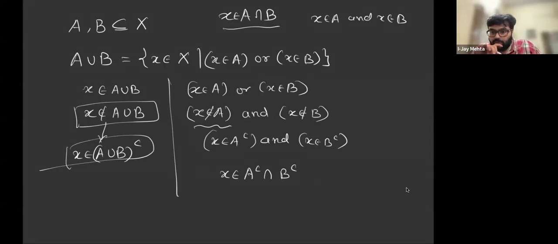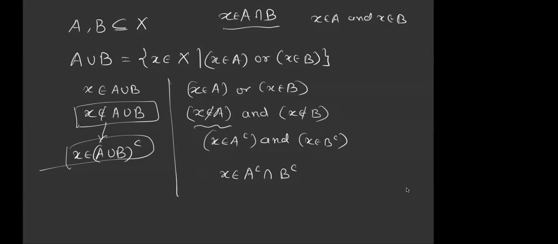Okay, so what did we prove? Where did we start and what did we prove? Can you say? Where did we start? Room number 4, Tanya. We can say that A union B complement is a subset of A complement intersection B complement.